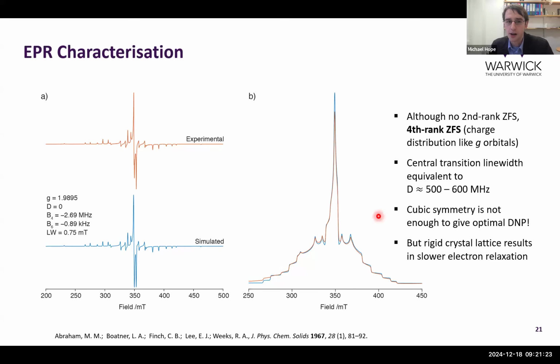And so this actually arises from the fact that in this inorganic solid, you have a very rigid lattice, and that results in slower electron relaxation as compared to the glassy organic solvents that are used for the organic complexes. So that was another design principle: if you can have rigid materials, you can actually slow down the relaxation and improve the DNP performance.